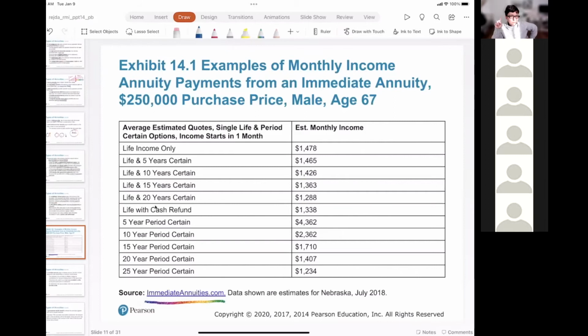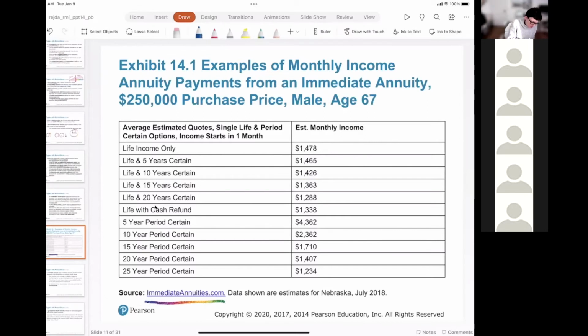First of all, I mentioned that age counts when it comes to how much they'll give you in exchange for your premium payment. They also care about gender, because males generally don't live as long. And so a 67-year-old male is going to get more money than a 67-year-old female, because we will linger forever, right?